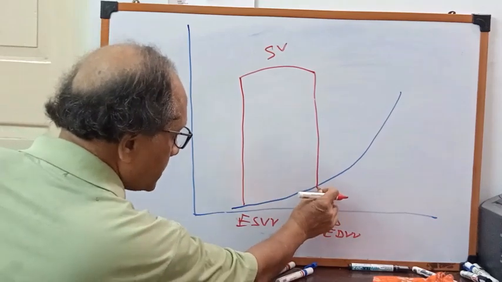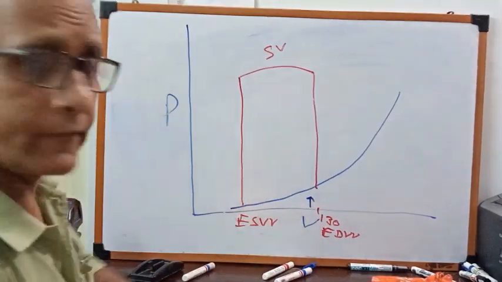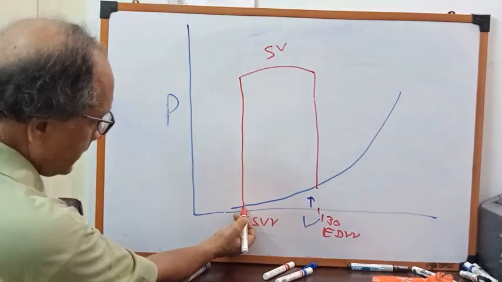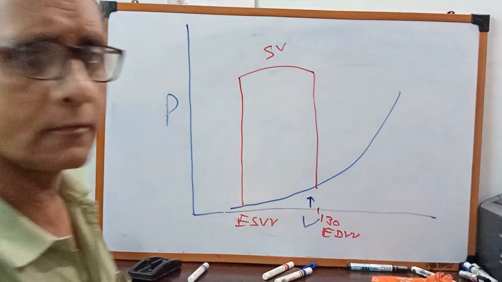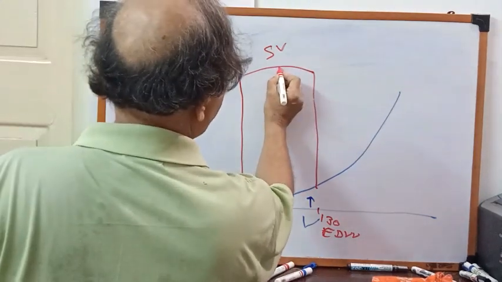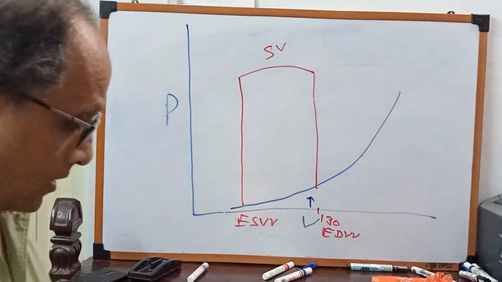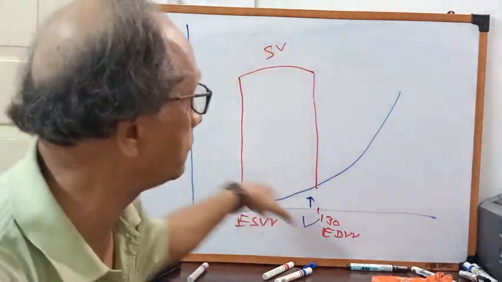This is the end systolic ventricular volume and end systolic ventricular pressure. And here somewhere is the peak systolic ventricular pressure. So this is the PV loop.